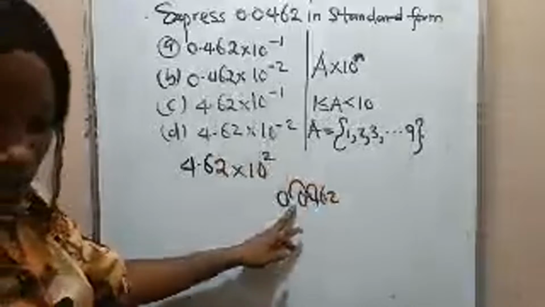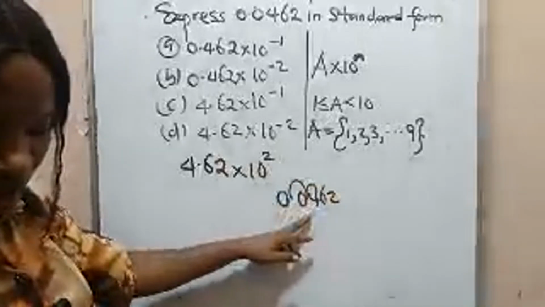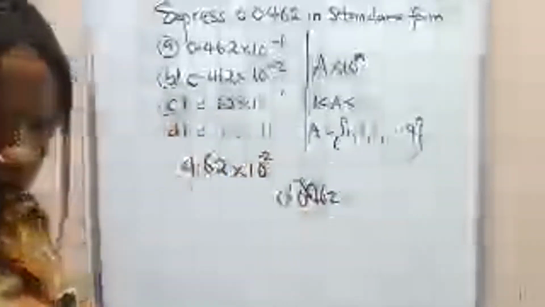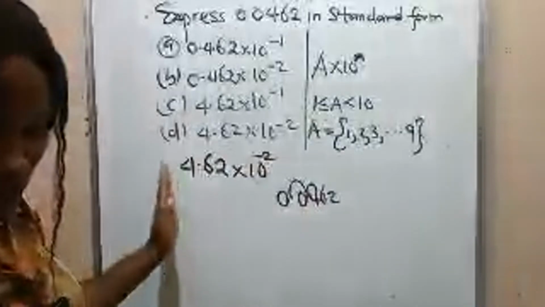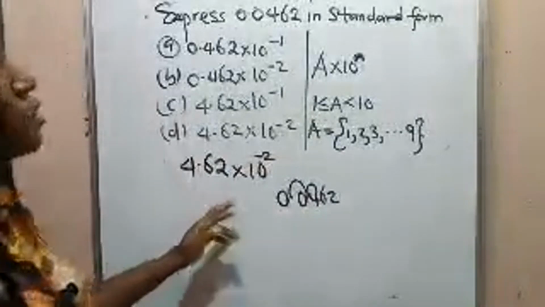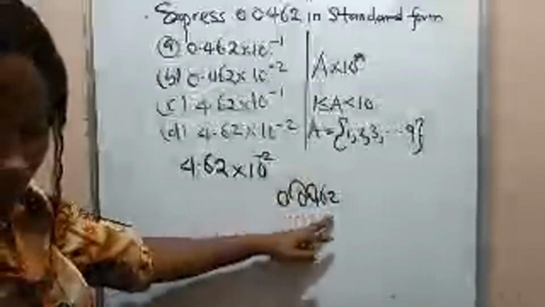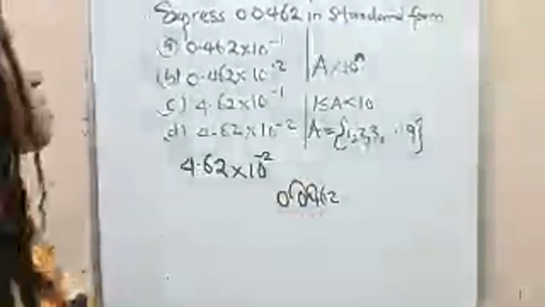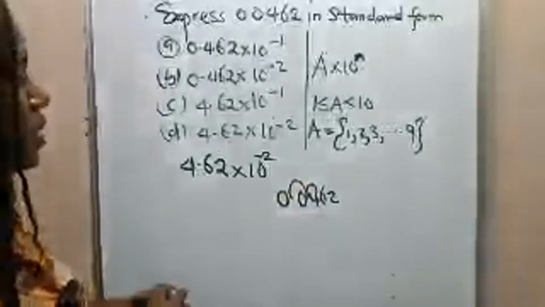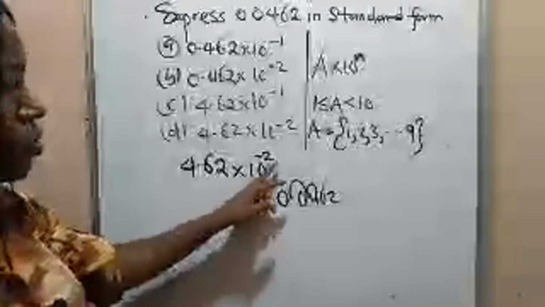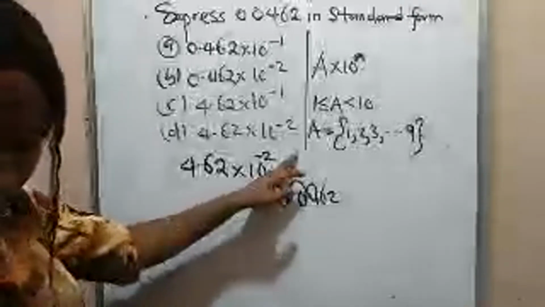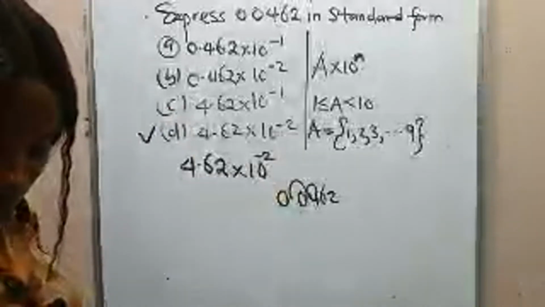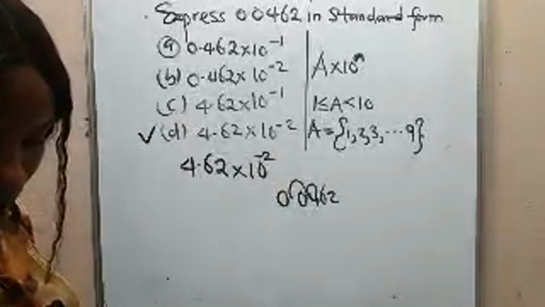Anytime you shift the decimal point to the right, then it has to be negative. If you shift your decimal point to the left, then it has to be positive. Then that means the answer is 4.62 times 10 to the power of minus 2. So the right option is option D.